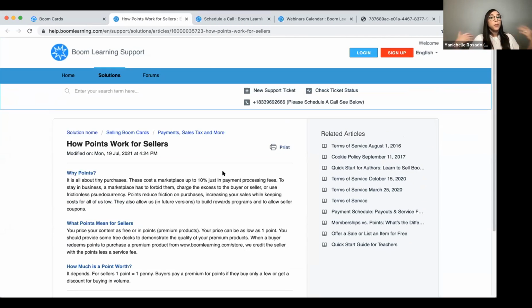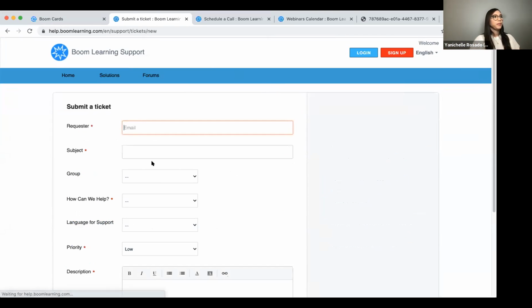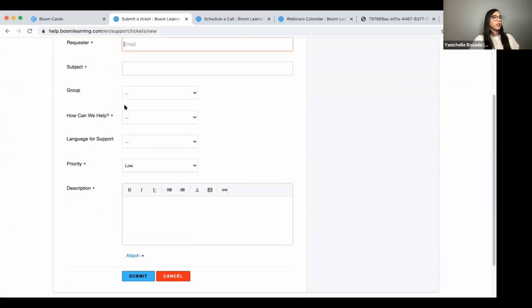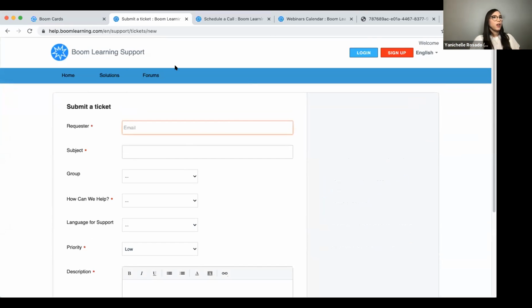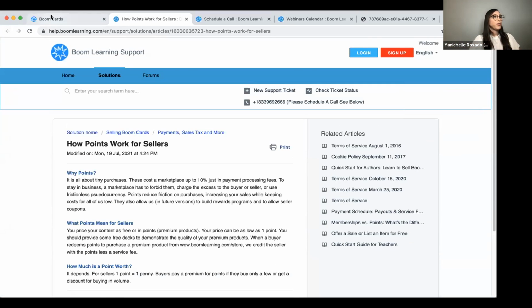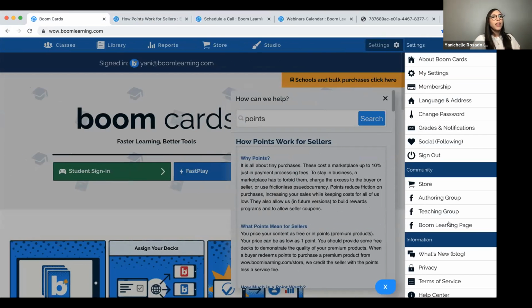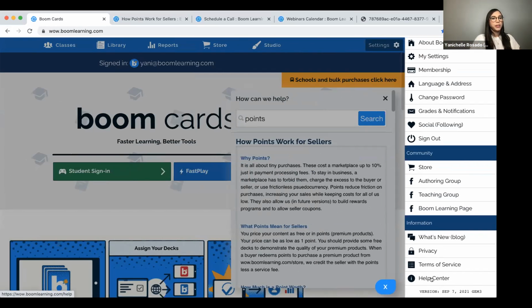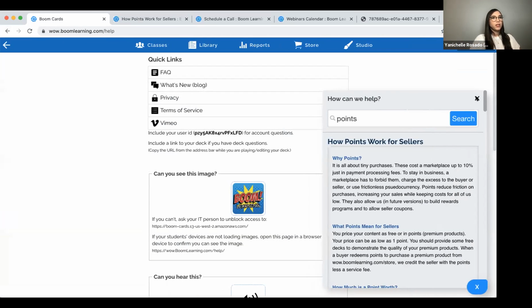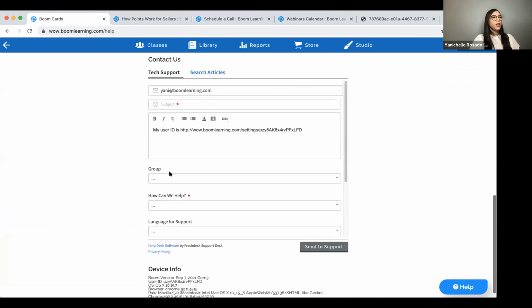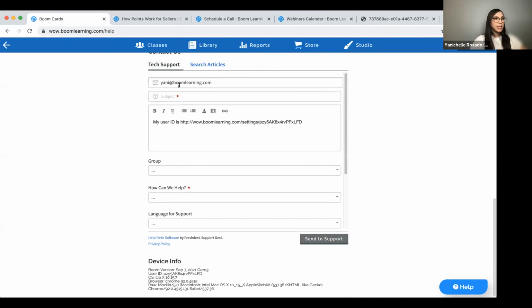If you have any more questions, you can request a help ticket, where you email us. If you click here, you'll be able to type your email and all of your information. Also from our platform, if you go to settings and then scroll down to help center and click here, you'll be able to submit a help ticket.